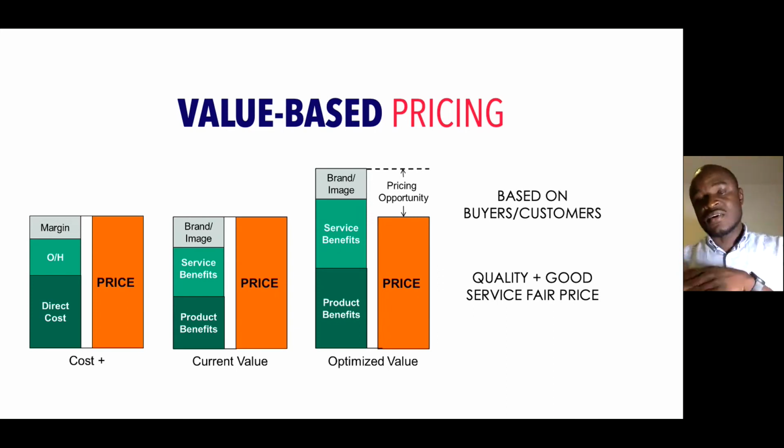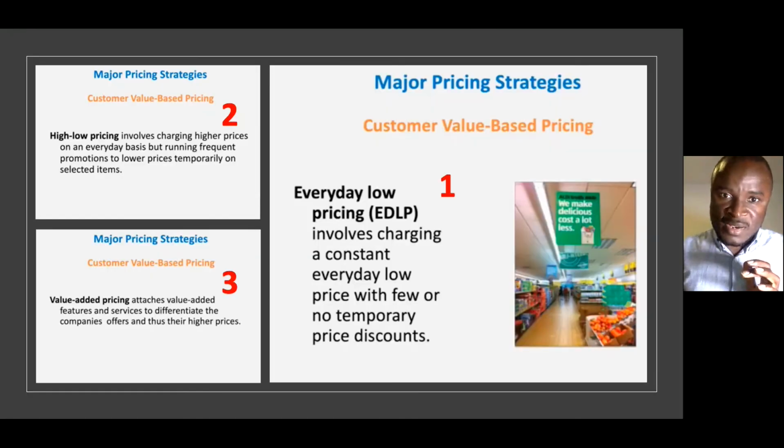So we have, based on buyers and consumers, when we want to go through value-based pricing, it means how customers and buyers see us is what is going to determine the price. So we have quality and good service, fair price, such as what the iPhone does.